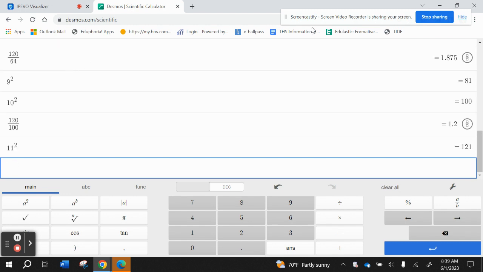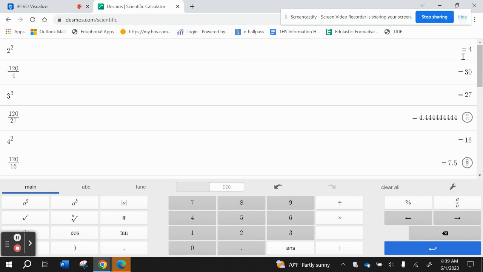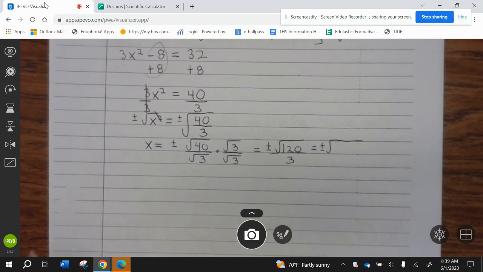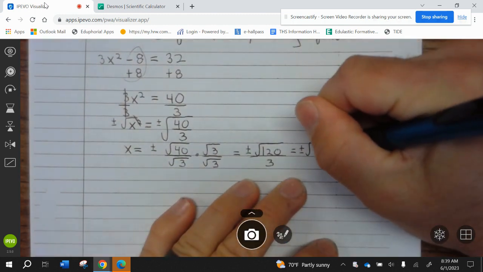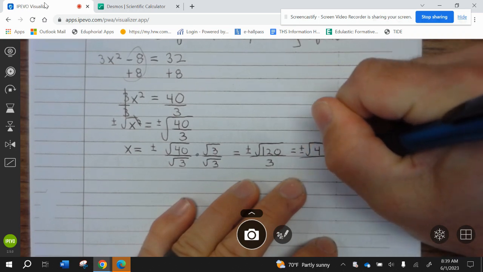Once you've gone past a number, then you've gone through all the combinations. And the only combination that worked was 120 divided by 4 gave us 30. Okay, so I can rewrite this as 4 times 30 divided by 3.